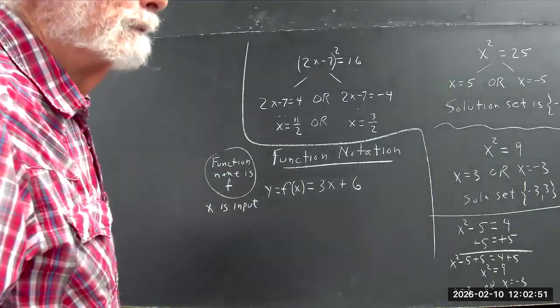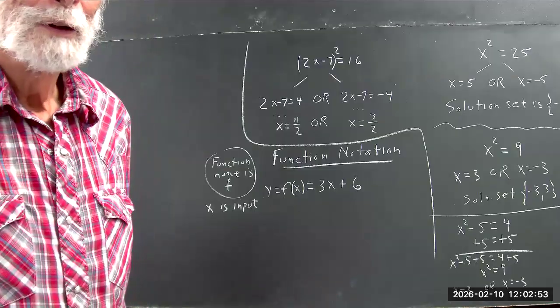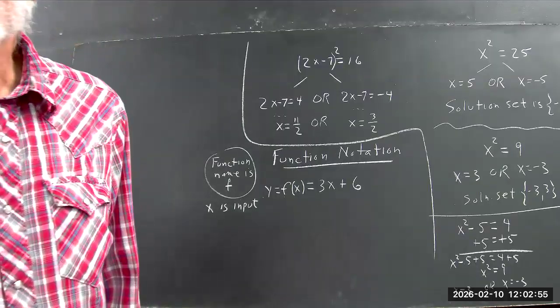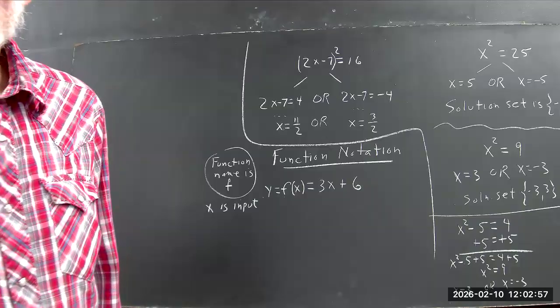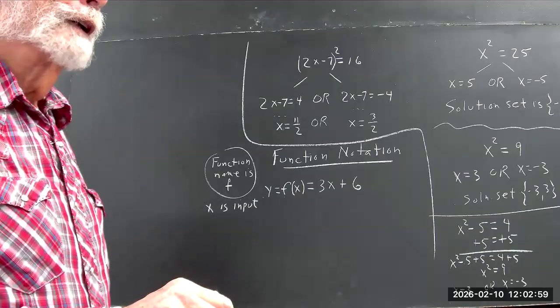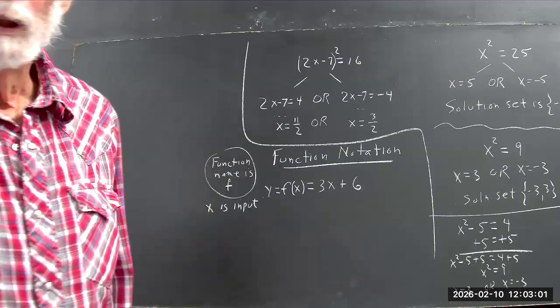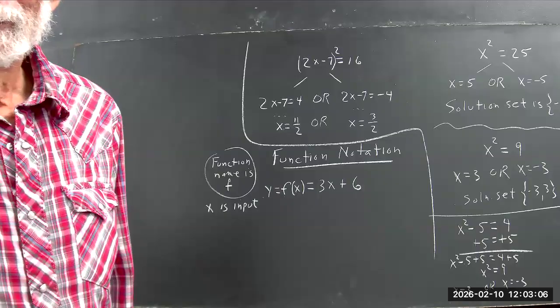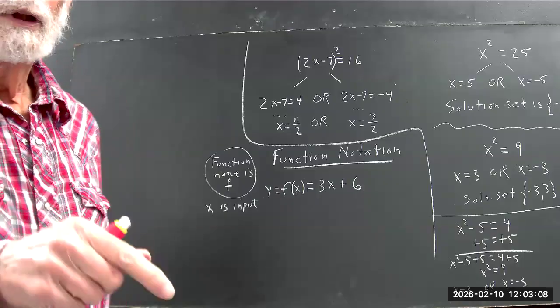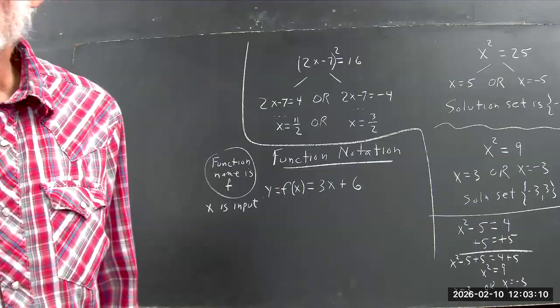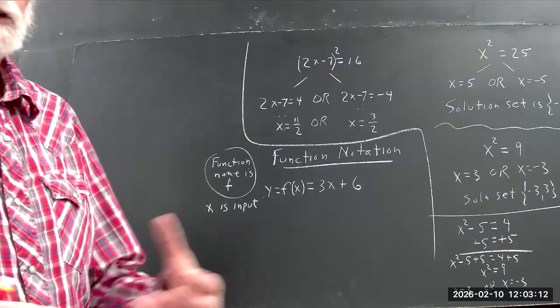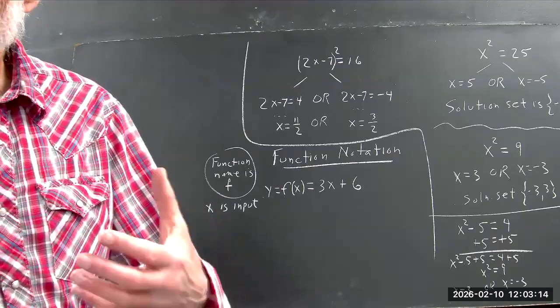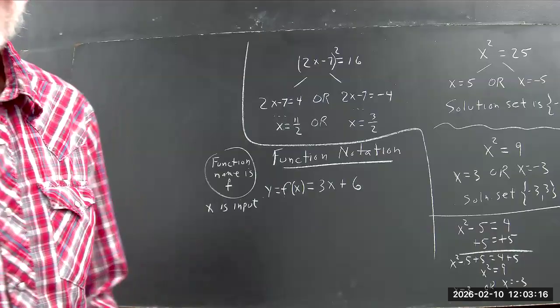Functions like a machine, kind of like your calculator. If you put 3 into your calculator and hit the squaring button, it's going to give you 9, right? So that squaring button is actually a function that's electronically assembled in a calculator.